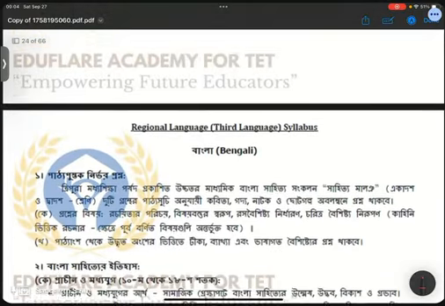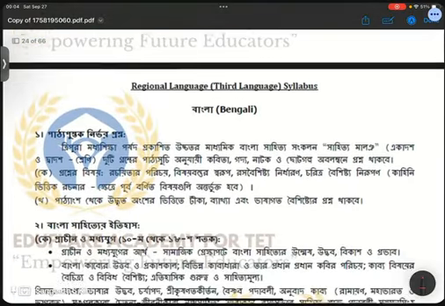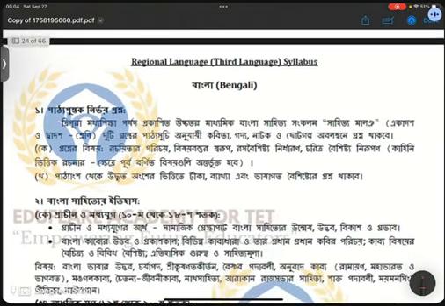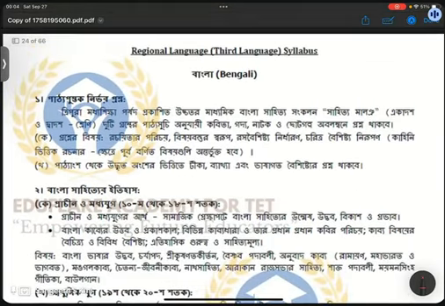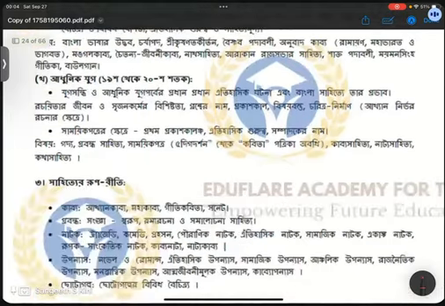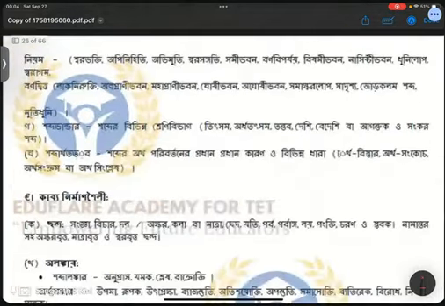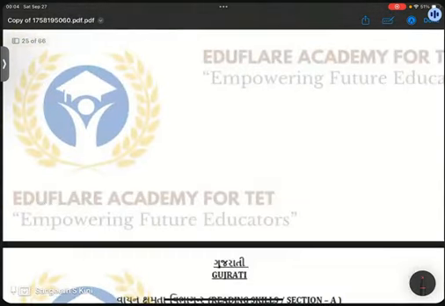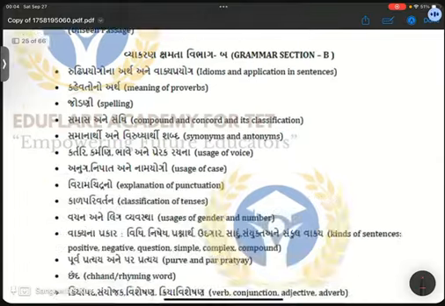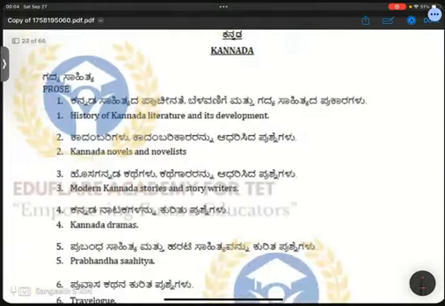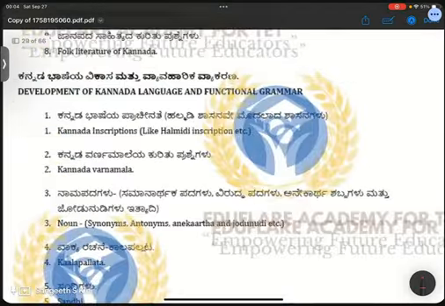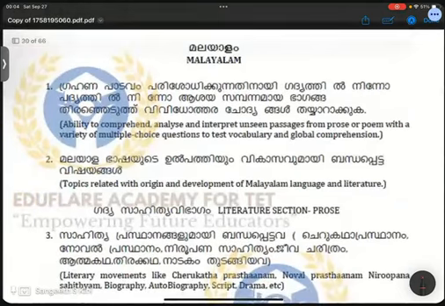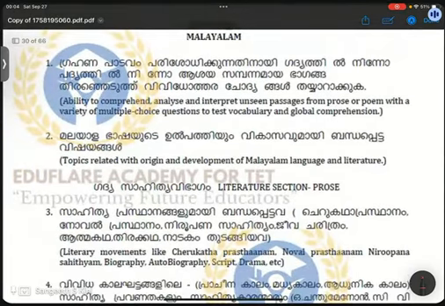This is about regional languages, and the syllabus is based on regional languages: Bengali, Hindi. These are the regional languages we discussed earlier: Gujarati, Kannada, Malayalam. This is the syllabus of Malayalam.